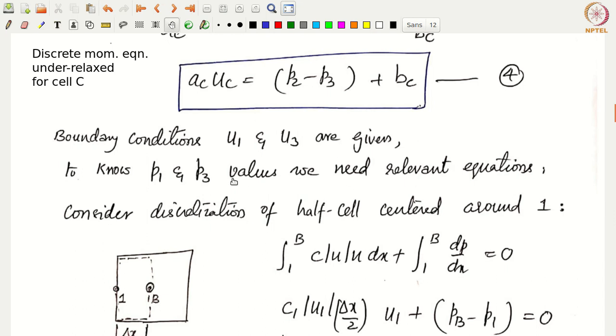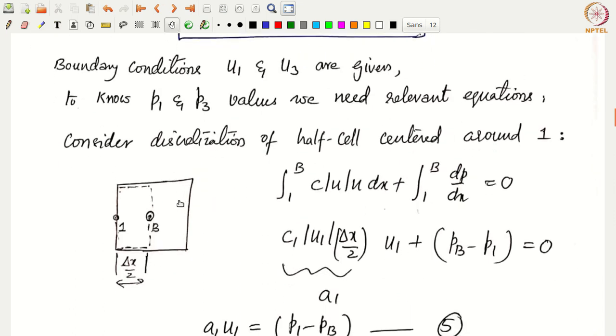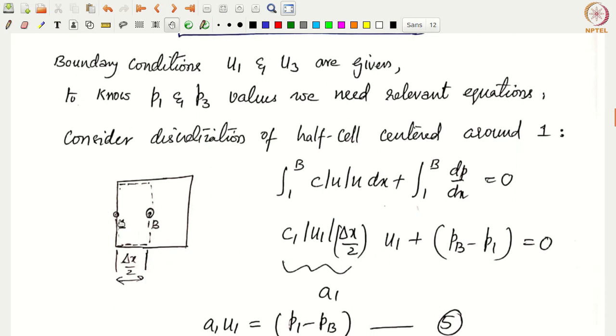The equations are basically the same governing equations, which control how pressure and velocity are related. So in order to know the pressures, instead of making an approximation, we discretize the governing equation on a half cell. Let me take a half cell with a centroid assumed to be at 1. So we have a half cell that's kind of like this.